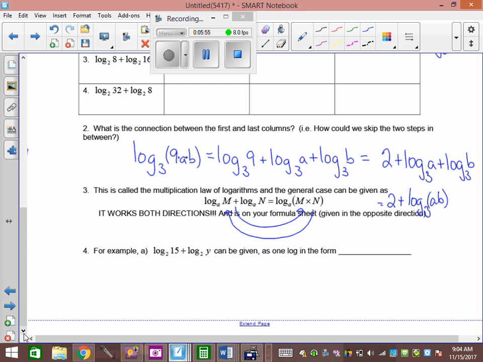Both of these have plus 1s in front. So you're going to get log base 2, and they both have to have the same base. If they don't have the same base, you can't put them together. Okay? So log base 2 of what? 15y. Yeah. Okay?